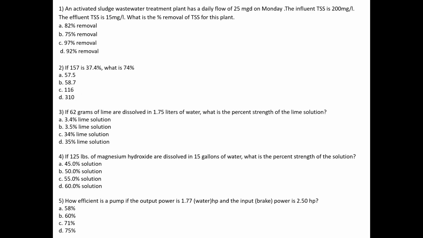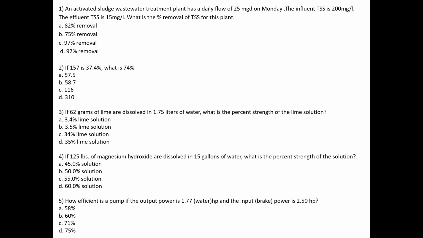Okay. I know I'm kind of jumping ahead here. I gotta stop and do a little explanation. I'm gonna read the problem, and then I'll show you what they're talking about. It said, how efficient is a pump? Because these are kind of introductions to things that we're going to talk about down the road.